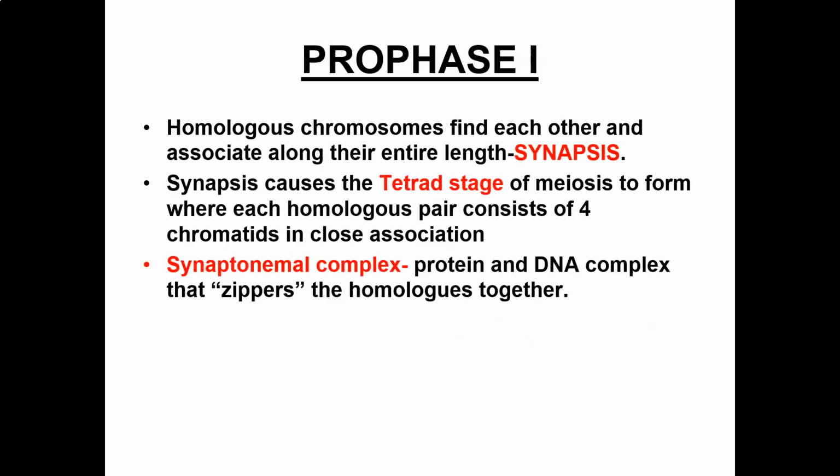Here's more vocabulary. Synapsis is the term used for the homologous chromosomes finding each other and being knitted together temporarily. So they call it a tetrad. And you don't really need to worry about that term. That's what they call the connectors that hold the homologous chromosomes together.